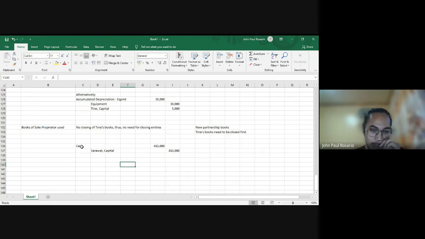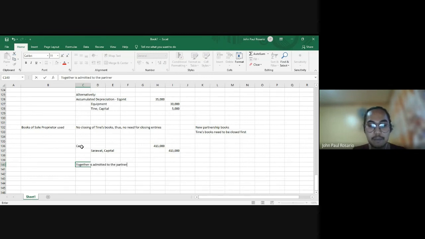Now, it's a bit more complicated when it comes to Together's contribution because Together's contribution is industry. So for industry, only a memorandum entry is to be recorded. So when recording Together's contribution, you simply narrate that Together is admitted to the partnership as an industrial partner.